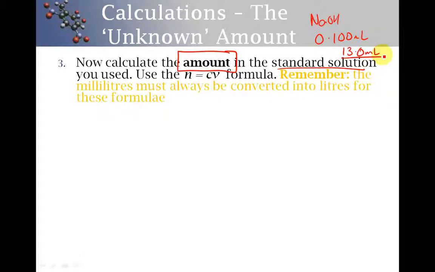Then I can work out the amount, because the amount is equal to the concentration times the volume. So I'd go 0.100, which is my concentration, times my volume.